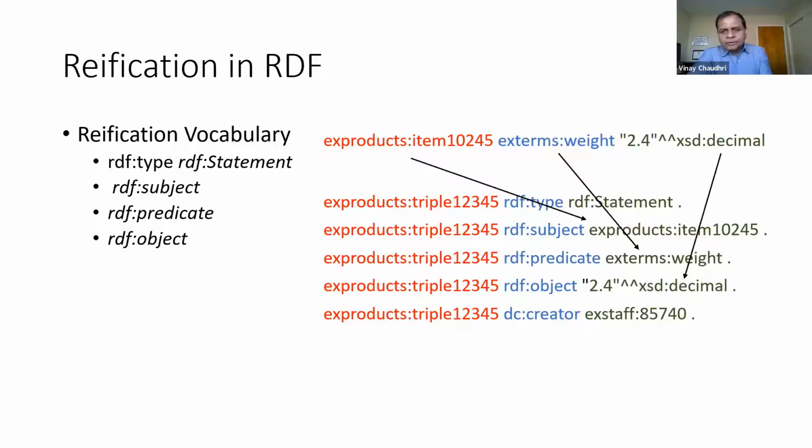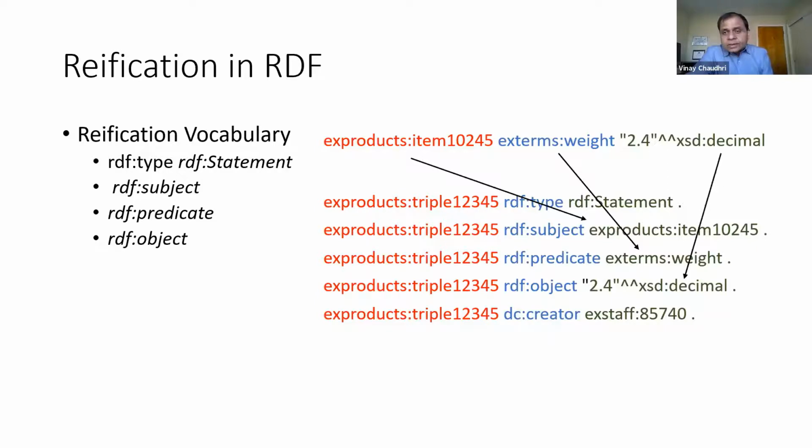And then for this object, we will define 3 new properties using subject, predicate, and object relations. The subject of this triple is going to be the subject of the original triple. The predicate relation of this triple is going to be the predicate of the original triple. You can see this using these arrows that I have drawn on this slide.